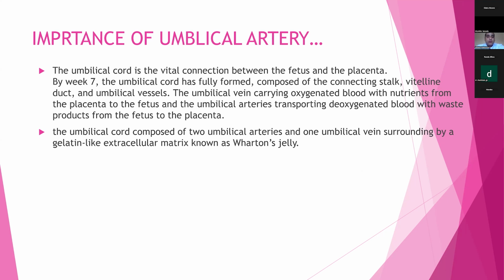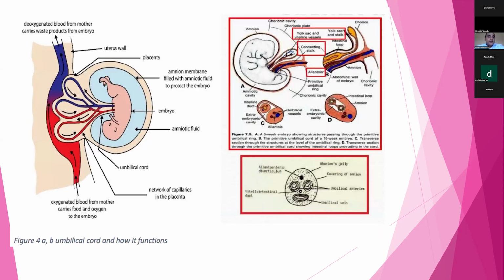The umbilical cord is composed of two umbilical arteries and one umbilical vein surrounded by a gelatin-like extracellular matrix known as Wharton's jelly. And this is for the circulation from the placenta to the baby.